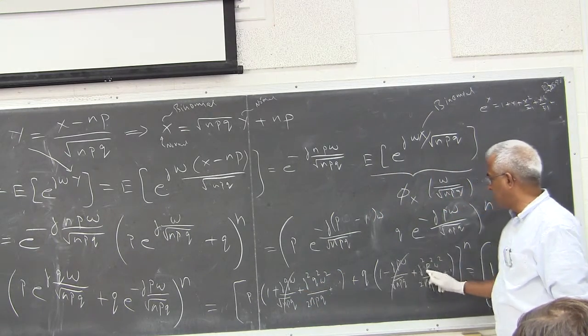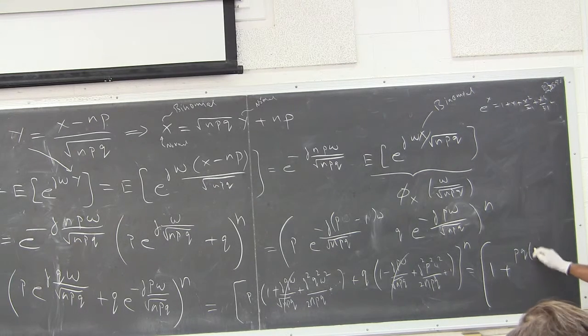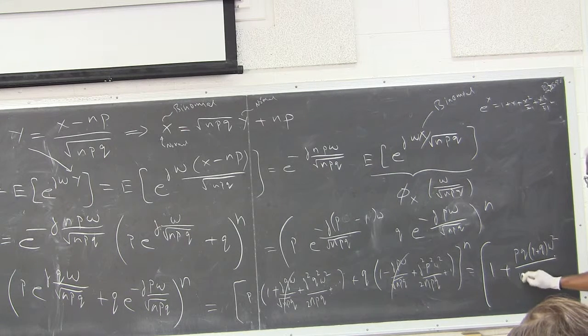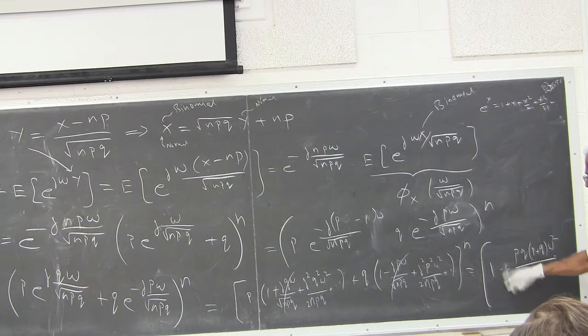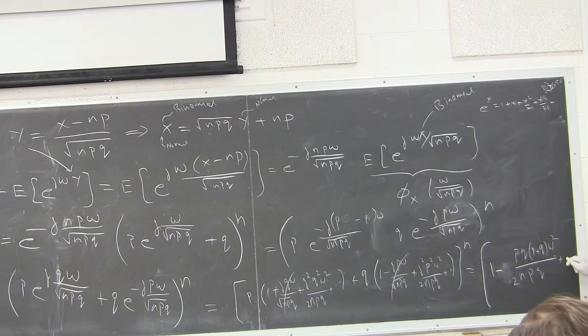Here you have qp squared omega squared. So I can pull out pq, it is common, right? Then I have p plus q omega squared. In the denominator, j squared is minus, then you have a 2 here. Is that right? Plus you have other terms involving n to the power 3 by 2 and so on, but the whole thing to the power n.